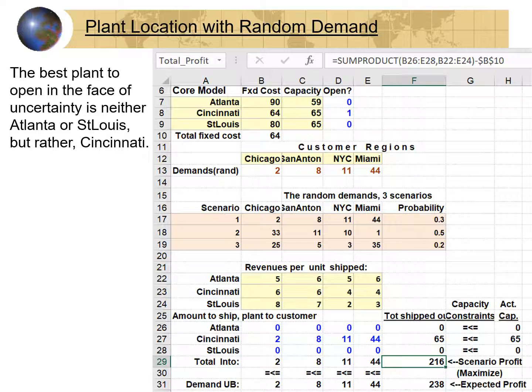The St. Louis plant is really great for satisfying Chicago demand when Chicago demand is high, but it is not very good for satisfying the Miami demand. So in the scenarios where Miami is high, St. Louis is not very good, whereas Cincinnati is good in between. So using stochastic optimization or scenario planning is good at identifying the best hedging decisions, if you wish.